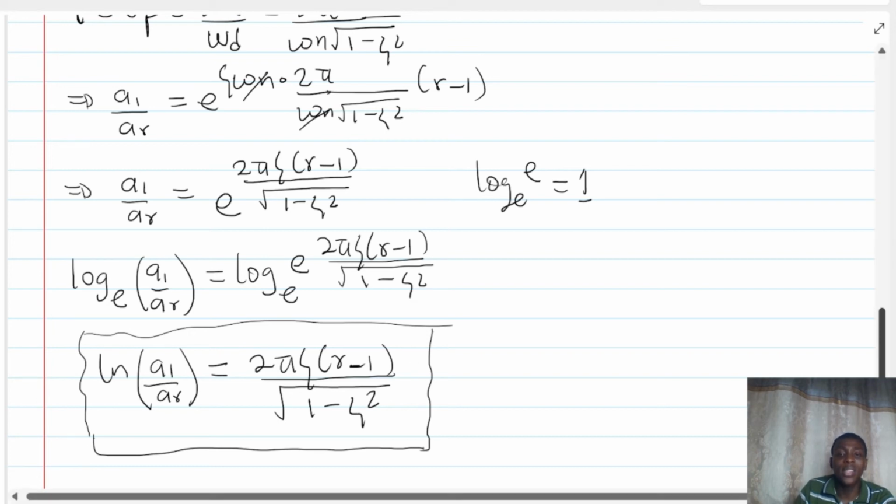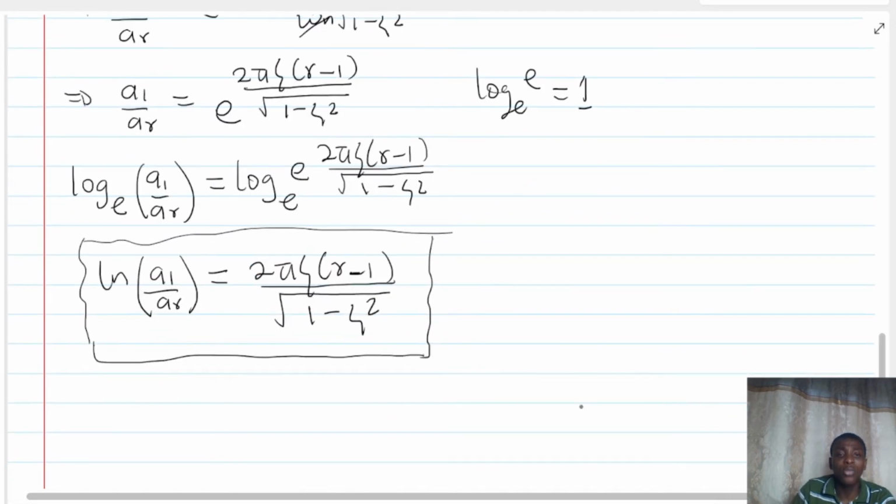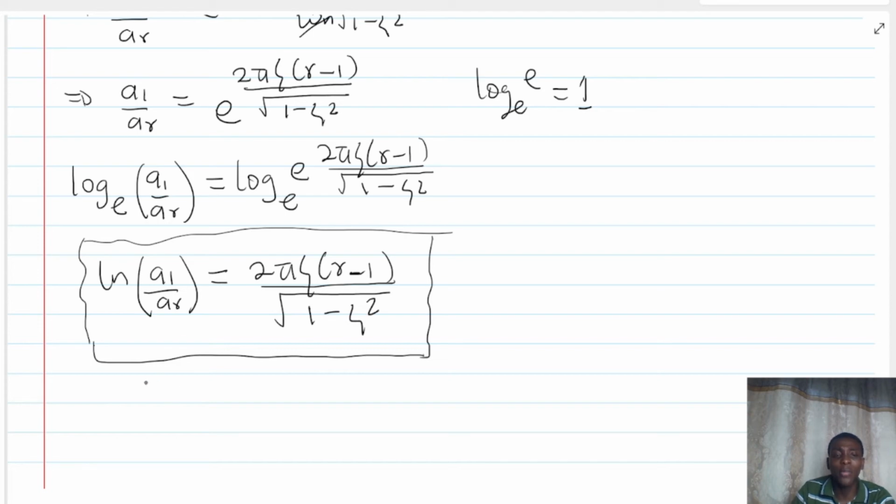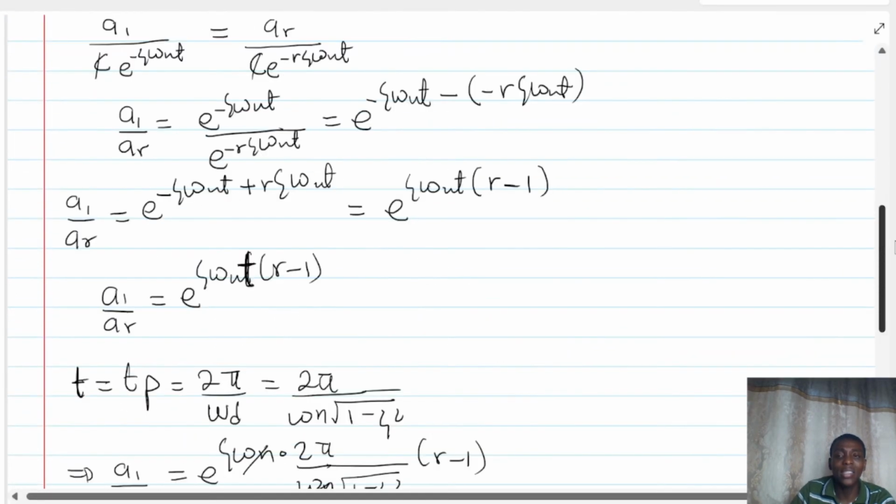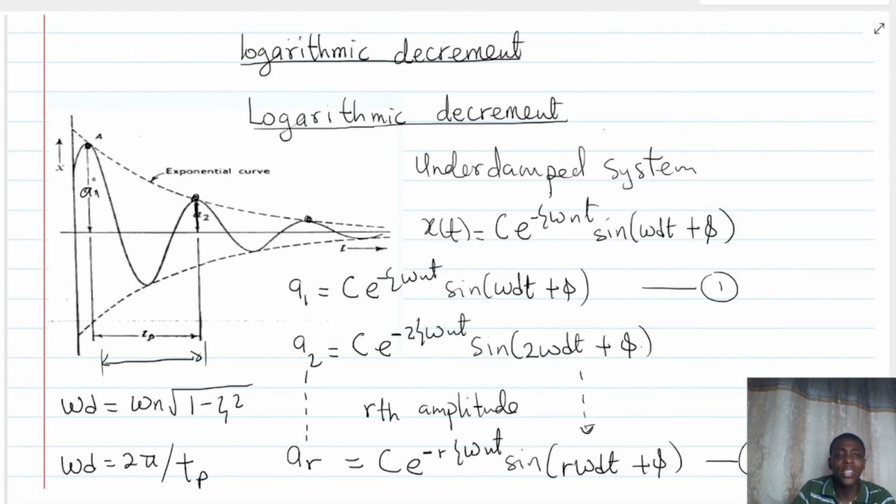So what happens is that in practice, if I am interested in finding the damping ratio or the damping coefficient, what I would do is study the amplitude. I will look at the first amplitude, which is A1, and then compare this A1 to any other amplitude.